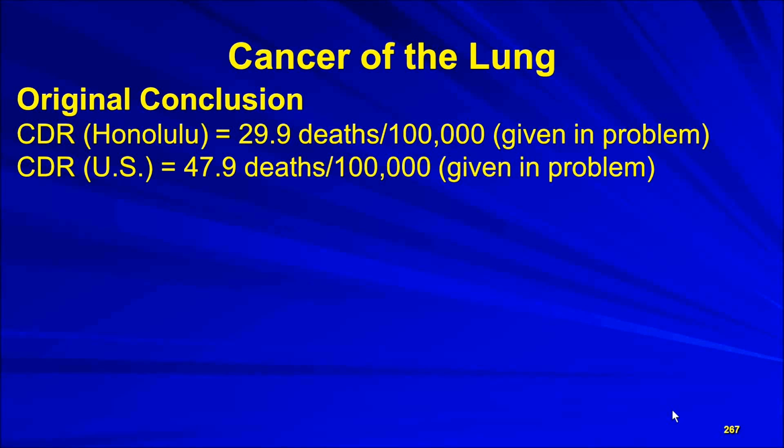Well, our original conclusion, if you go back to the original problem, when we just calculated the crude death rate for Honolulu, we had 29.9 deaths per 100,000. That was given in the problem. And then we looked at the U.S. population, and we had 47.9 deaths per 100,000.